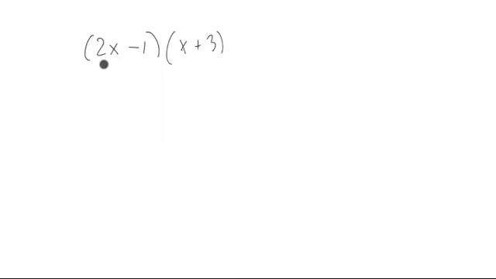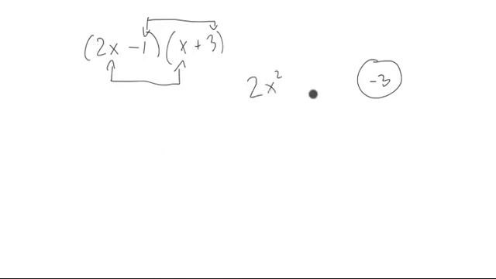Notice that when you FOIL this out, this guy times that guy is the leading term. This guy times this guy is the last term, called the constant term, that has an x to the 0. So -1 times 3 is -3. And here you get 2x squared for the leading term.